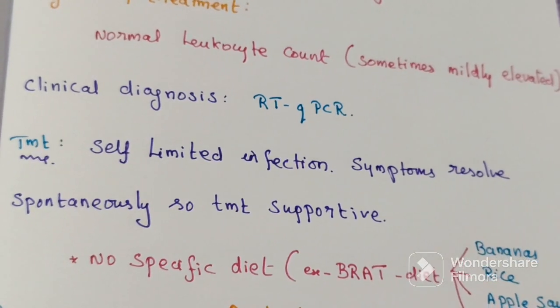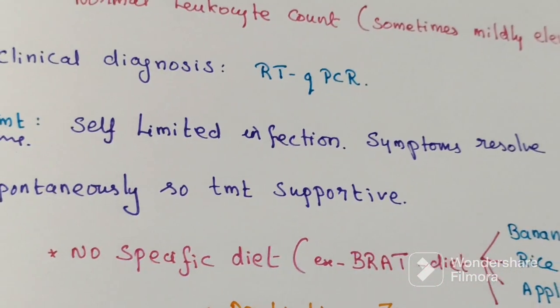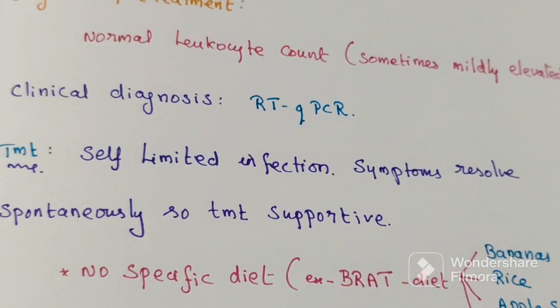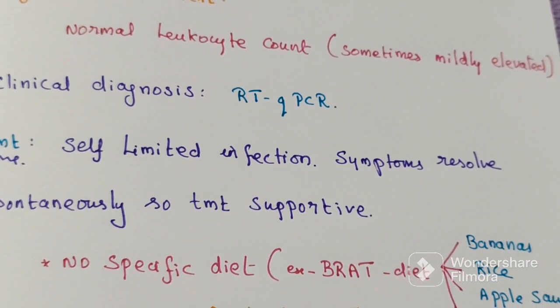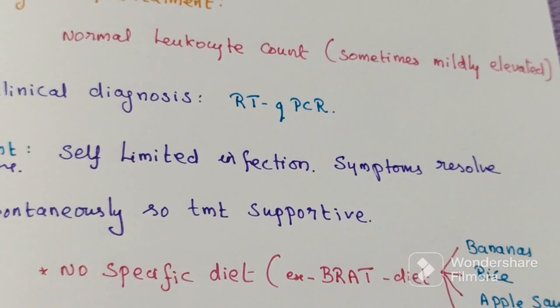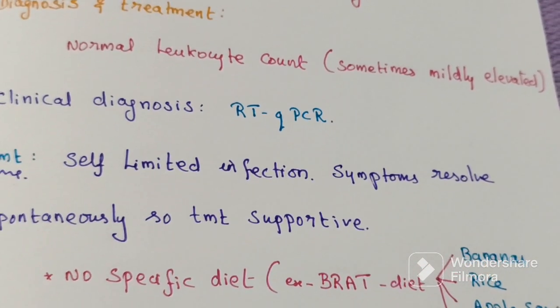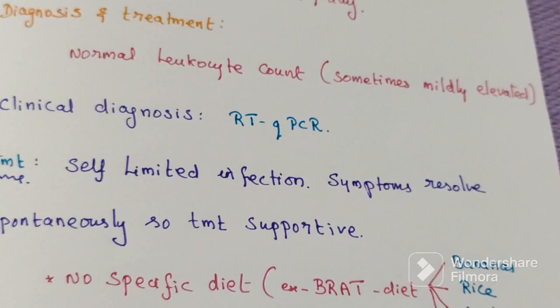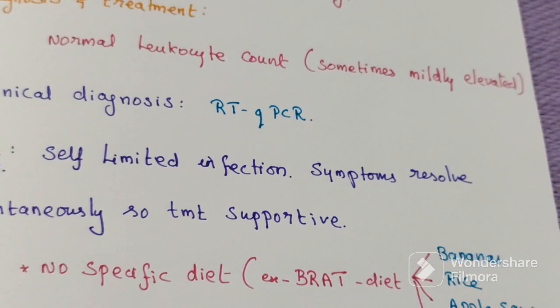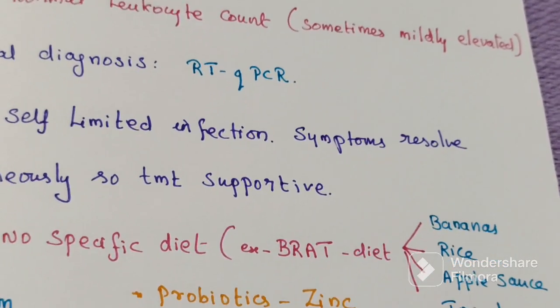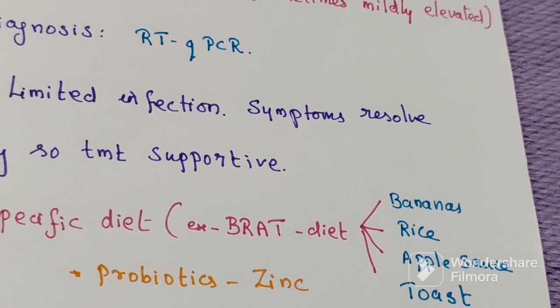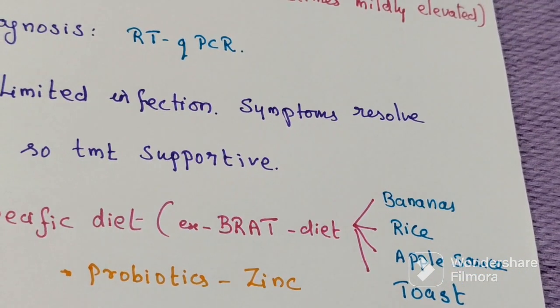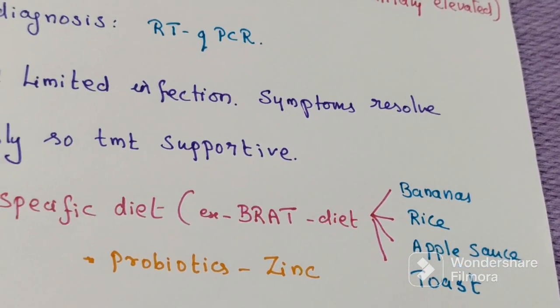Treatment: it is a self-limited infection. The symptoms resolve spontaneously, so treatment is supportive. There is no specific diet, but we can use the BRAT diet: B stands for banana, R for rice, A for applesauce, and T for toast.